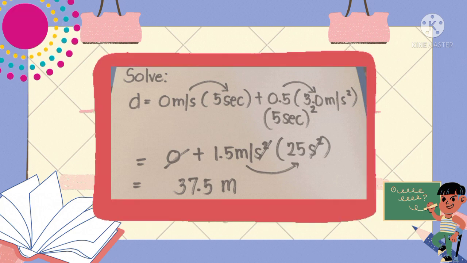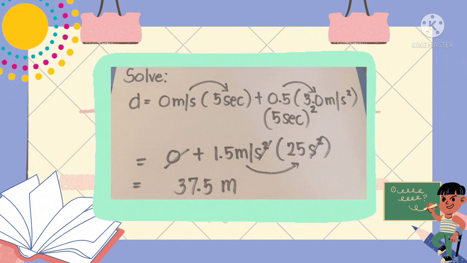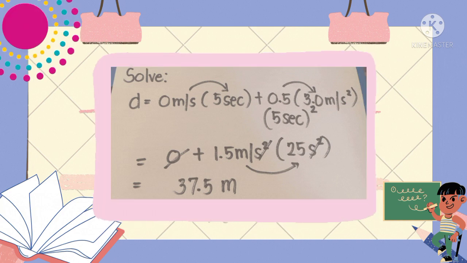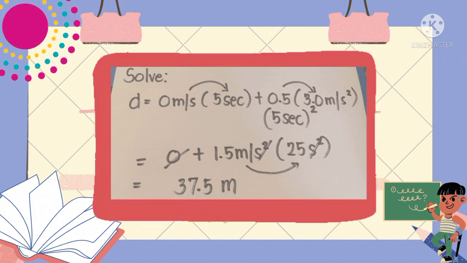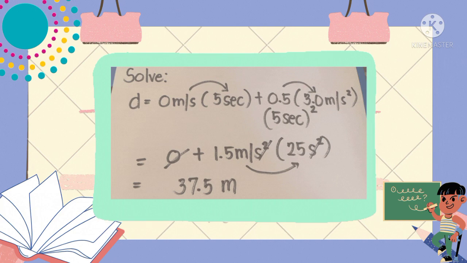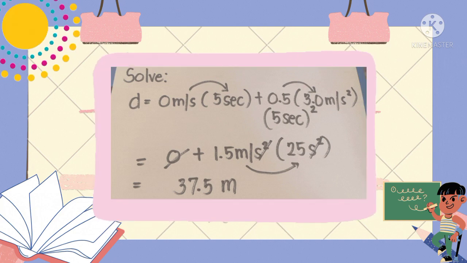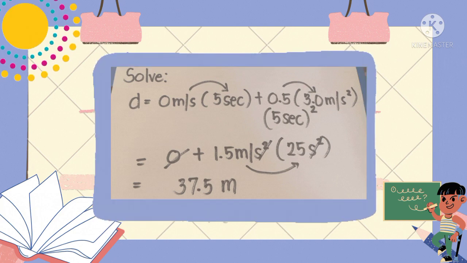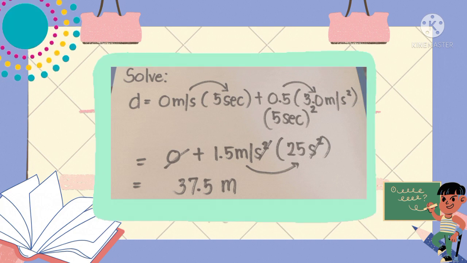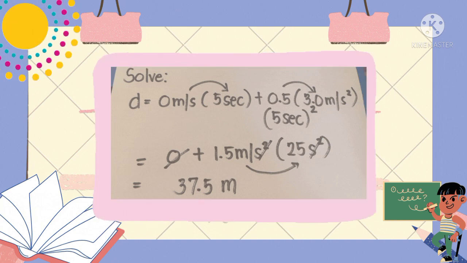So 0 times 5 seconds is automatically 0. 0.5 times 3, that is 1.5 meter per second squared. And then we need to square the time. So 5 times 5 is 25 seconds squared.